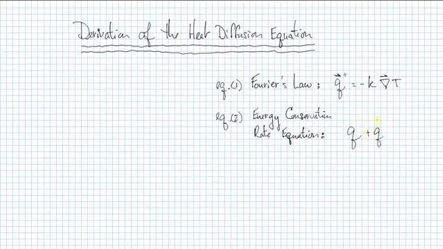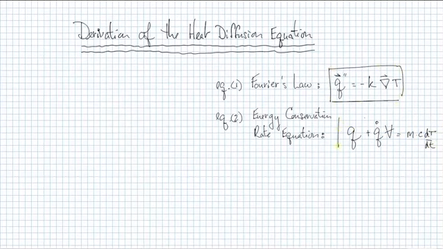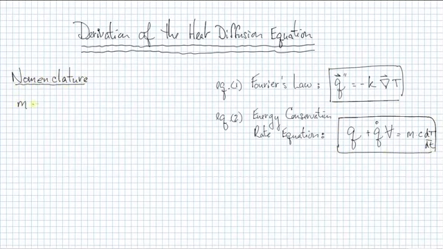Now, let me finish this off here. Let's review some of the terminology that we're going to be using with these two tools. In the first law of thermodynamics, we talk about m, that's the mass of the element in question.